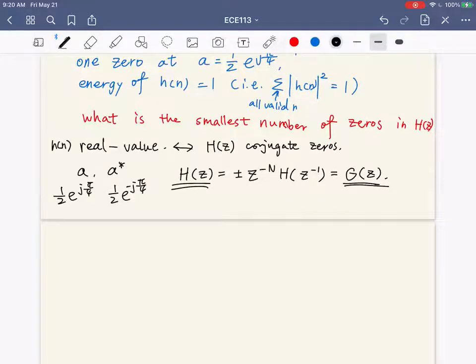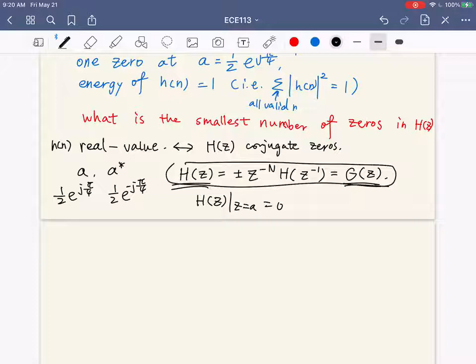Why is that? Because 0 is basically the values where the whole expression will become 0. Okay, so if A is 0, that means H of D when D equals A should be 0. And because you have the equation here, we know that G of D when D equals A should also be 0, correct?